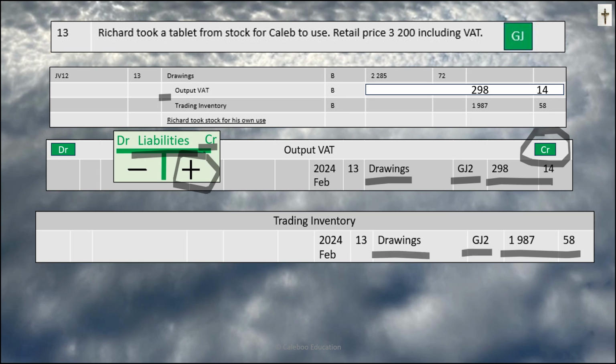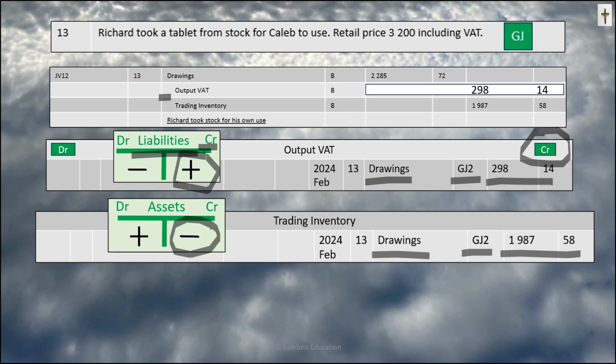The general journal. And why was trading inventory credited? Because the value of our stock on hand, remember we're looking at things from the point of view of Calibu Education, the value of the stock has decreased, so the account trading inventory gets credited. It's on the right hand side, the entry.